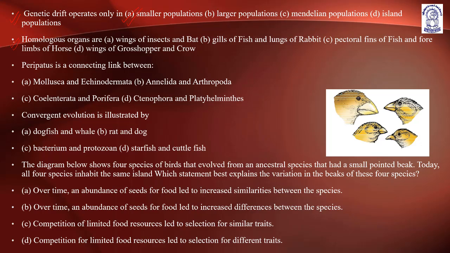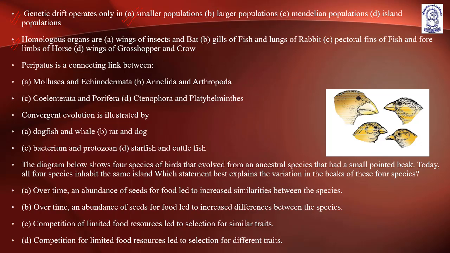So the first option is wings of insect and wings of bat. Second option is gills of fish and lungs of rabbit. Third, pectoral fins of fish and forelimbs of horse. Fourth, wings of grasshopper and wings of crow. Now, the first option, wings of insects and wings of bat.